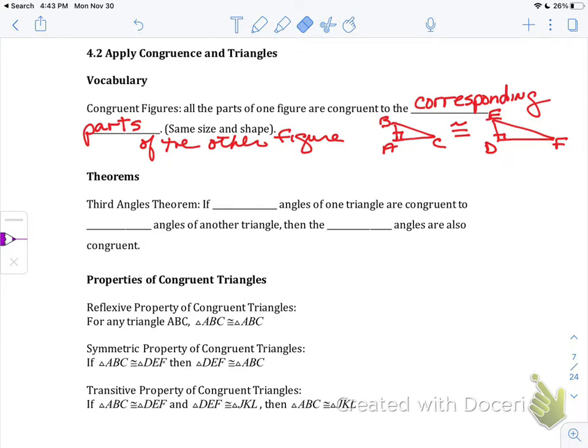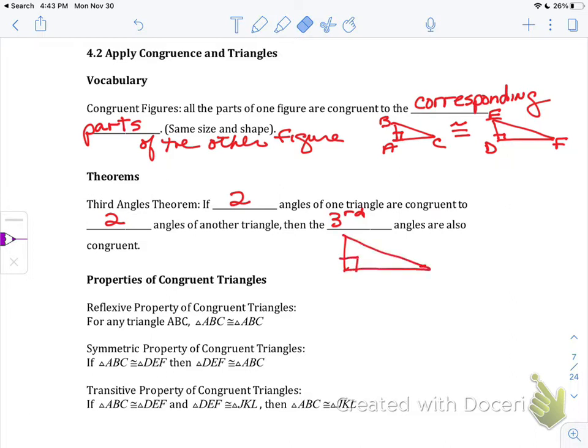Okay, the third angles theorem is if two angles of one triangle are congruent to two angles of the other triangle, then the third angles are also congruent. So let's give an example of that, and I think I'll use the same basic shape.